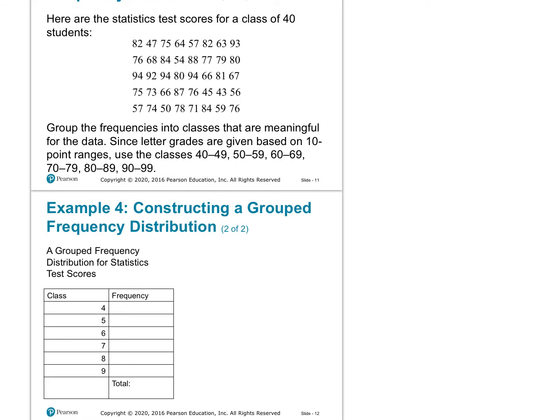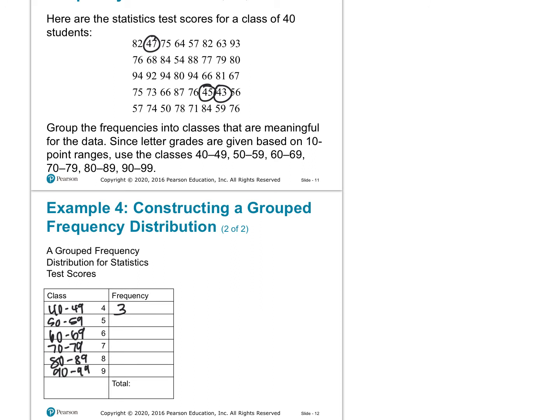So at 40 to 49, so 47, and then you're just looking through each row, 45, 43, so that's 3. Because this would be 40 to 49, 50 to 59, 60, 80 to 89, and 90 to 99.